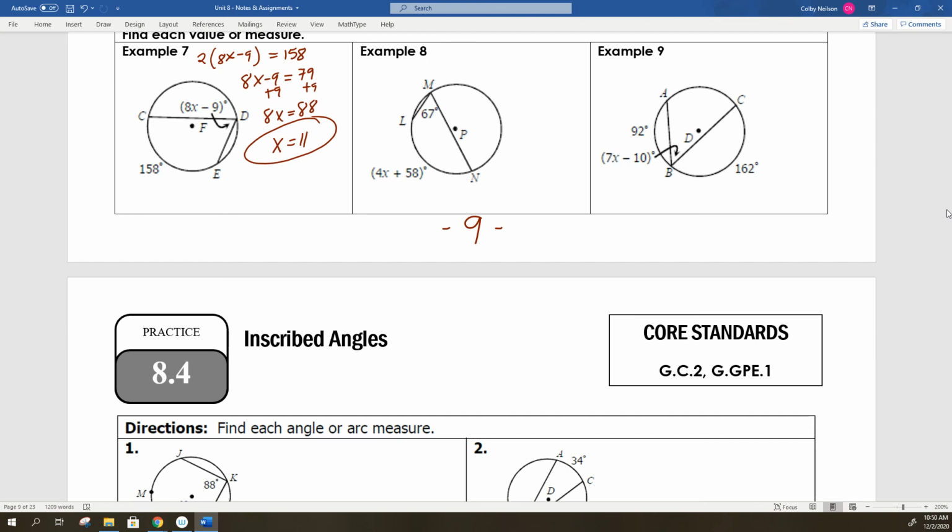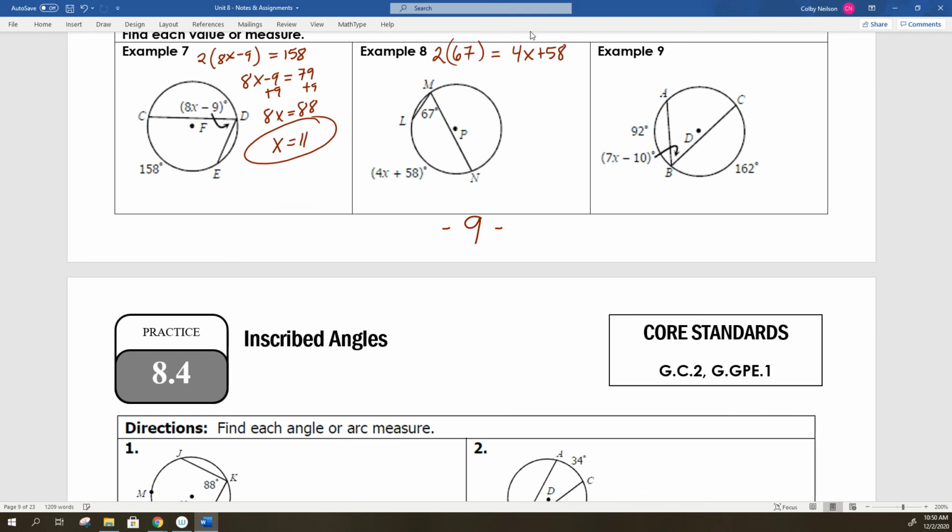What about this one? We have the angle of 67 and the arc of 4x plus 58. What do you want to do? 67 times 2 equals 4x plus 58.